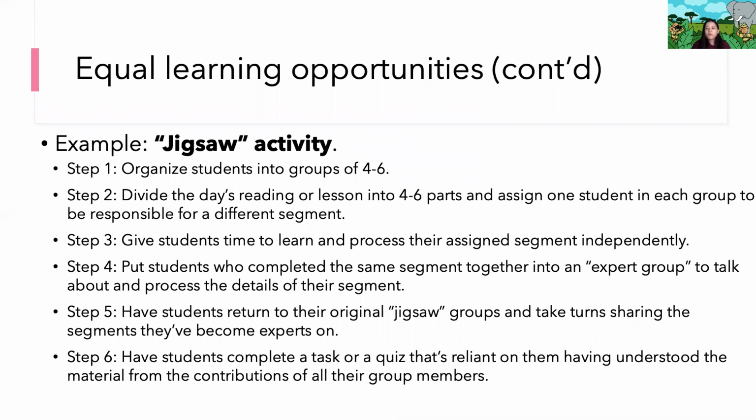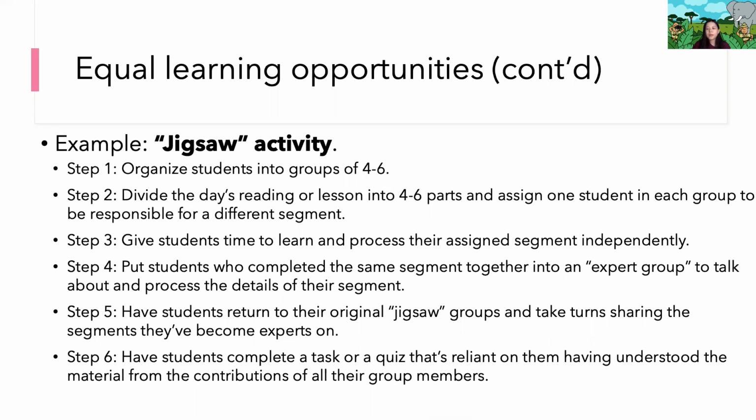An example of equal learning opportunity is the jigsaw activity. In this activity, students will interact and collaborate with each other. So let's look at how this activity is implemented step by step. To start with, the teacher organizes students into groups of 4 to 6.